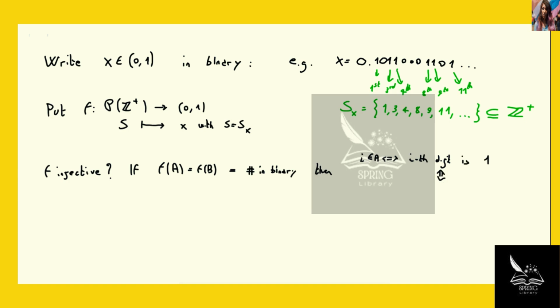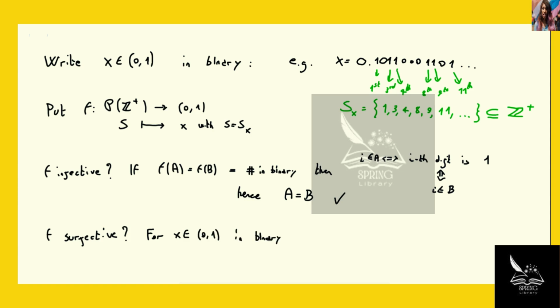But at the same time, because this number is also f of B, that means that i is in B as well. And this must be true for every integer i. That means that the sets A and B contain exactly the same elements, and therefore they're equal, which means that f is injective.